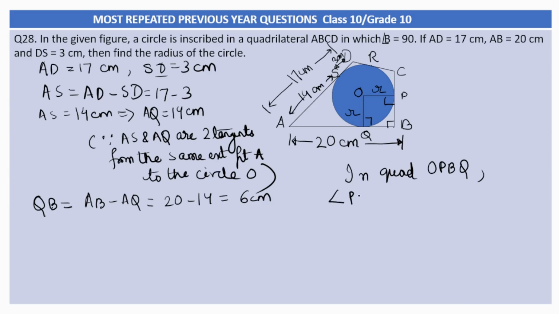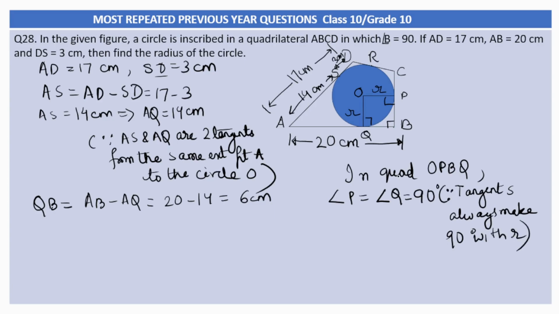Angle P will be equal to angle Q. Why? Because they both are 90 degrees. And the reason you have to write: since tangents from the same external point B, and tangents always make 90 degrees with the radius, that is why angle P and angle Q are equal to 90 degrees.